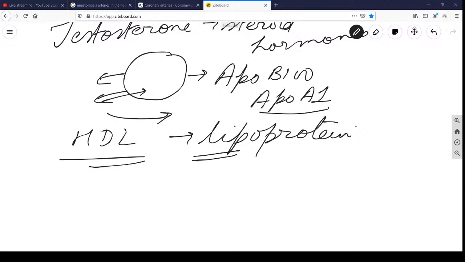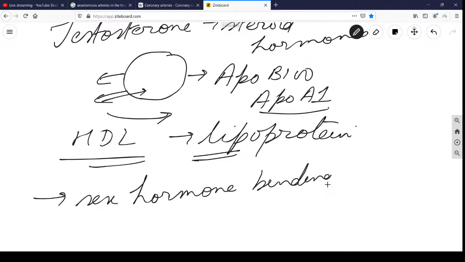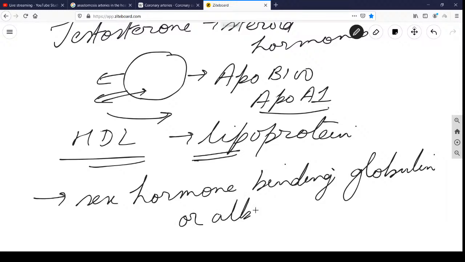Albumin is the most abundant globular protein present in the blood, not a fibrous protein like elastin or collagen.